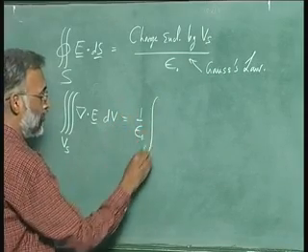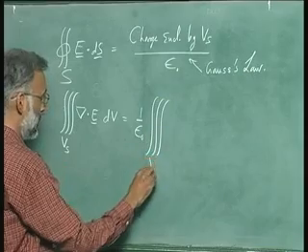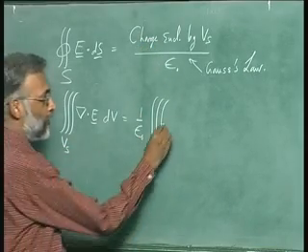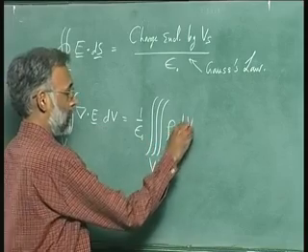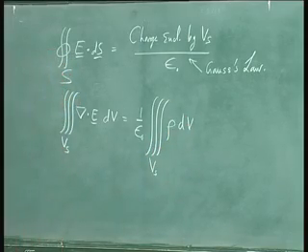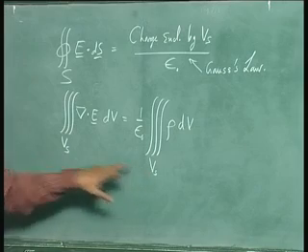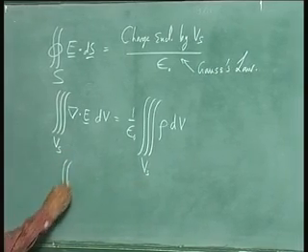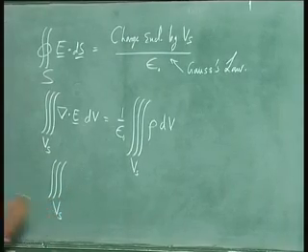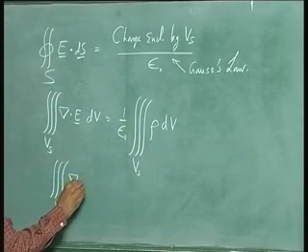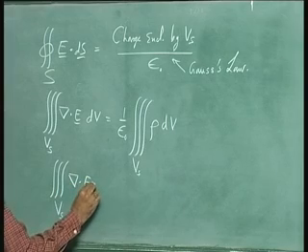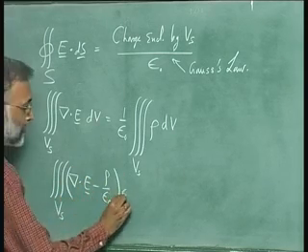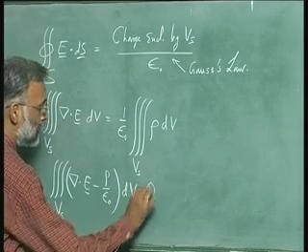It is nothing but the volume integral over the same volume Vs of charge density rho dV. I can combine the two volumes, and so I get a single volume integral over Vs of divergence of E minus rho over epsilon naught dV is equal to 0.